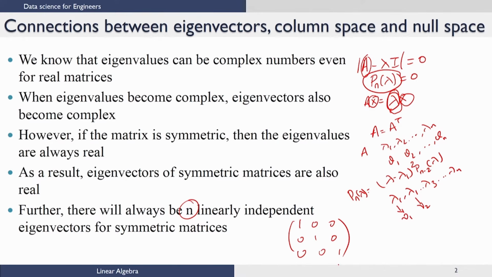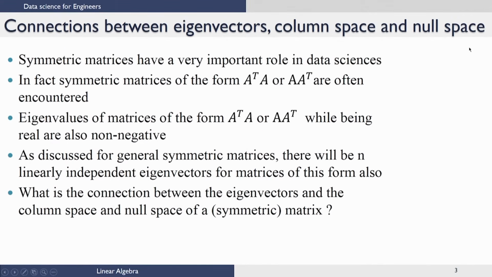This identity matrix has eigenvalue lambda equal to 1, which is repeated thrice, but it would have three independent eigenvectors: 1 0 0, 0 1 0 and 0 0 1. So, this is a case where the eigenvalue is repeated thrice, but there are three independent eigenvectors. This is also an important result that we should keep in mind.